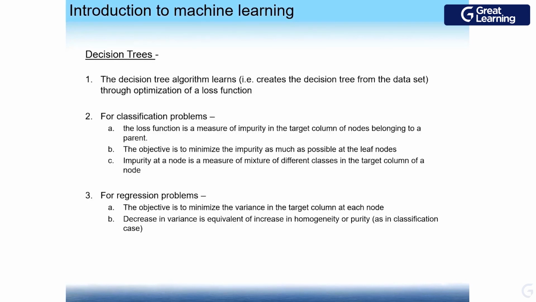So can I say that uncertainty is a function of heterogeneity? The more heterogeneity there is, the more uncertainty there is. Can I say that uncertainty is the inverse of homogeneity? Homogeneity is also known as purity. So when you're studying decision tree, you'll come across two words.